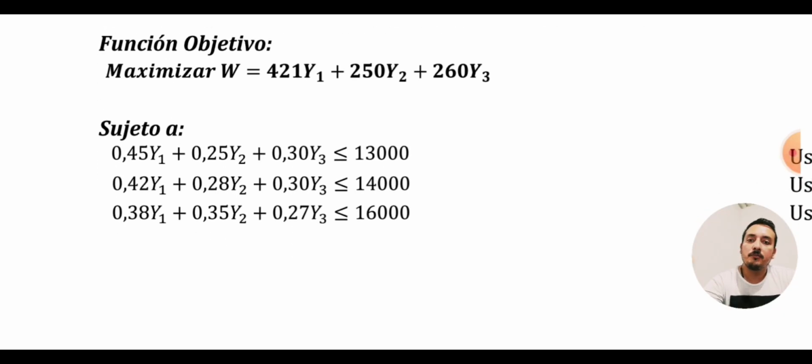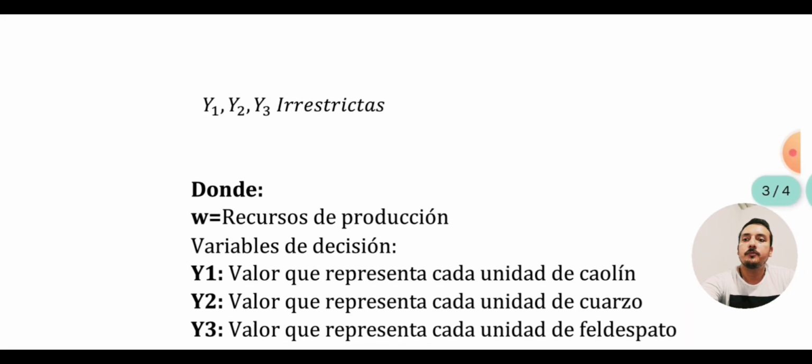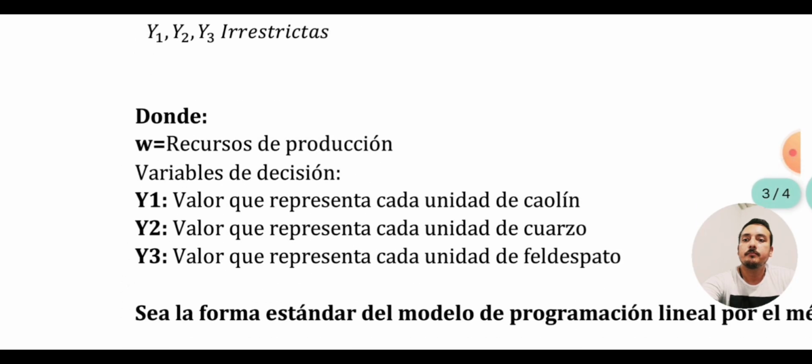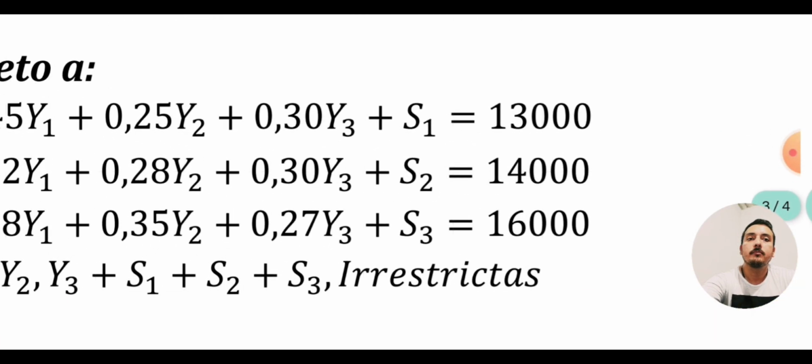Then the rows and columns change position, those that are rows become columns and those that are columns become a row. The sign remains less than or equal to, and we add a slack value of plus S1.